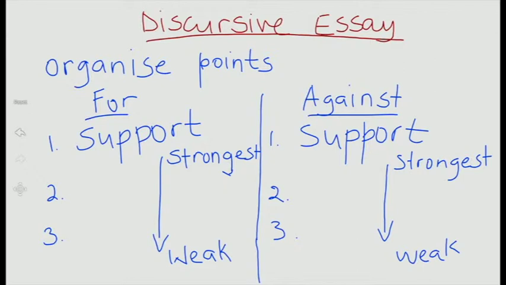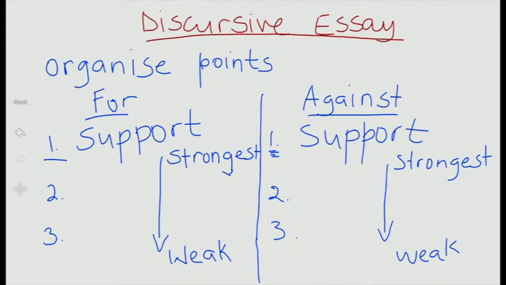And further than that, if you've got point 1 there, and then another point 1, it is advisable that your first point for the idea should, in a way, directly oppose that one against that idea.